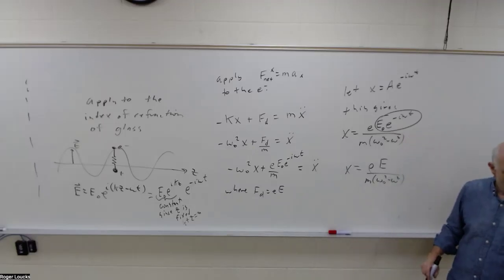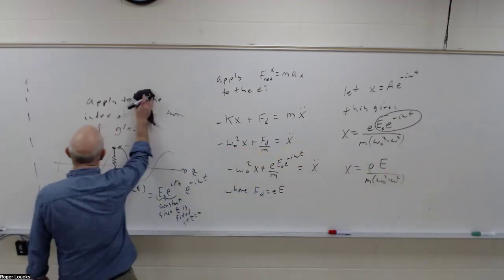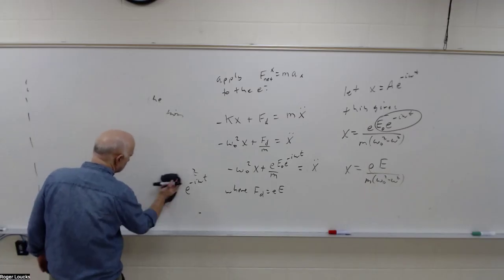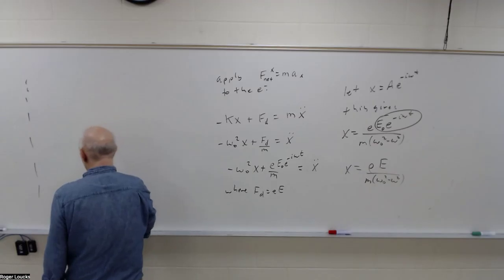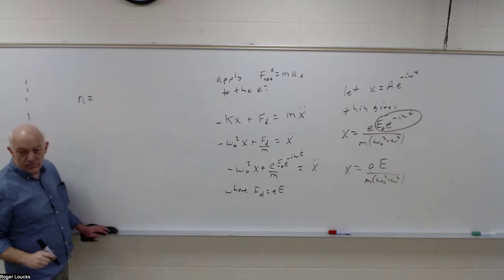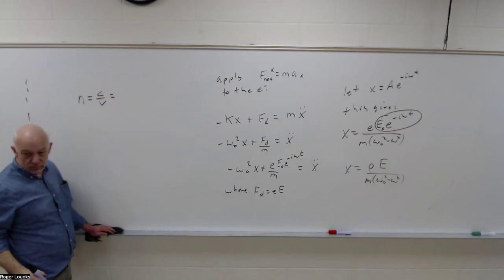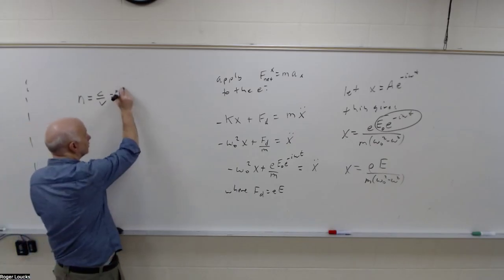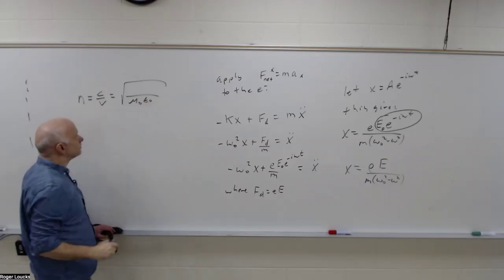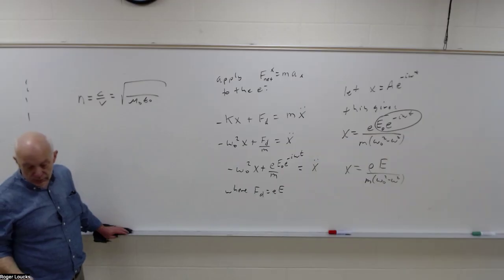Makes sense? Now let's put all the pieces together. So what did we say n is? c over v, which is 1 over the square root of mu naught epsilon naught, over the same thing with v, mu and epsilon.